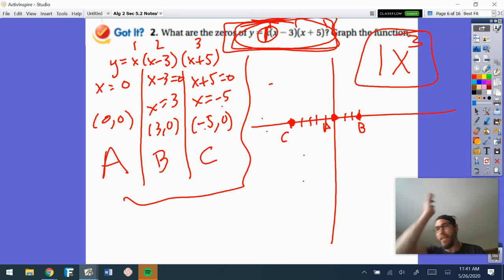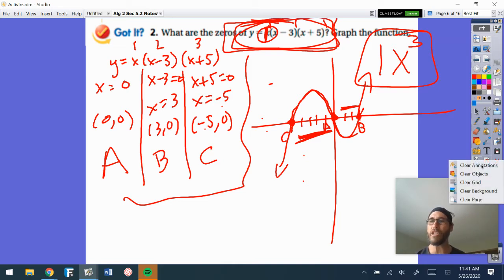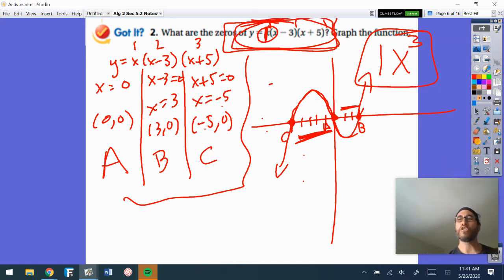It's positive, so it ends going up, which means it starts going down because it's odd. It's got to have 2 turns. This little hump is going to be greater than this one because look at the units in between, so you can draw it really accurately. But these are just sketches of graphs, so as long as you have something like that, you are good.